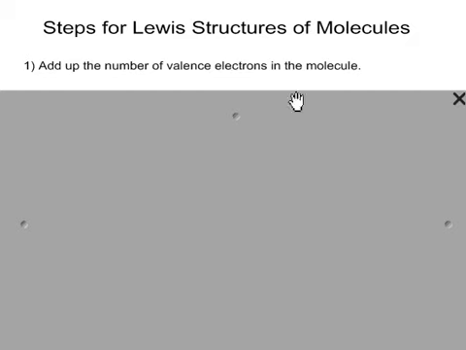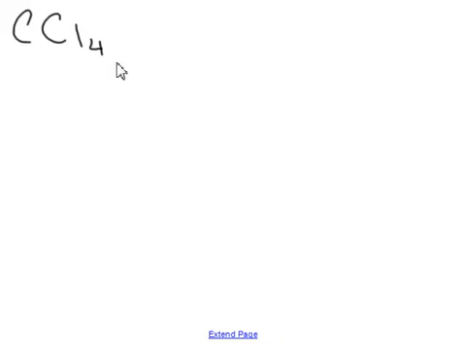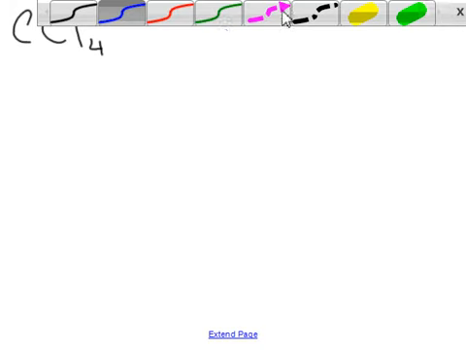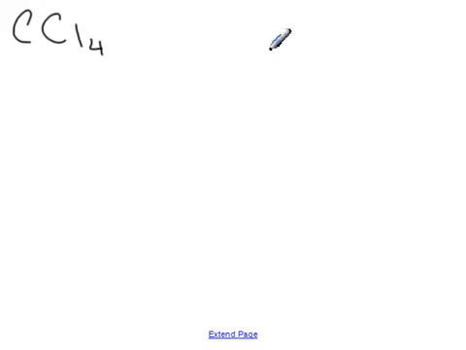My first rule says add up the number of valence electrons in the molecule. Looking at the periodic table, carbon has 4 valence electrons. Now chlorine from the periodic table has 7 valence electrons, but there are 4 chlorines.